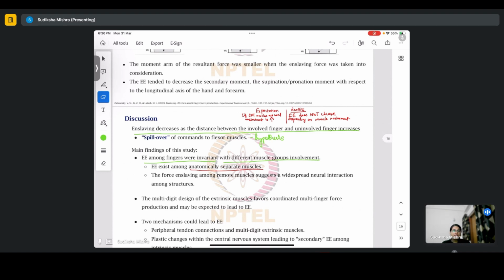So, comparing between the EXP-DP, EXP-PIP, and EXP-TIP resulted in no differences in the three muscle groups. So, EXP-DIP resulted in the same thing.